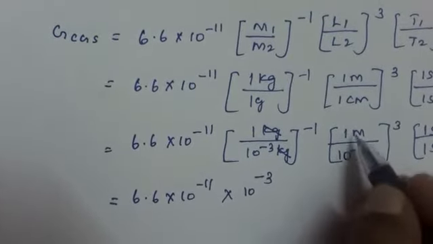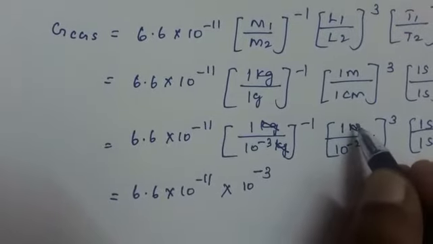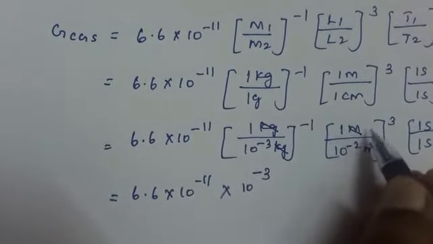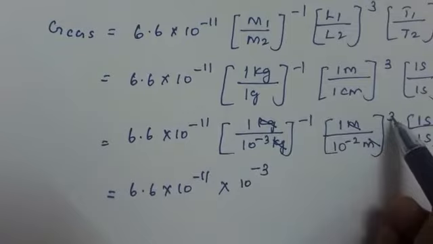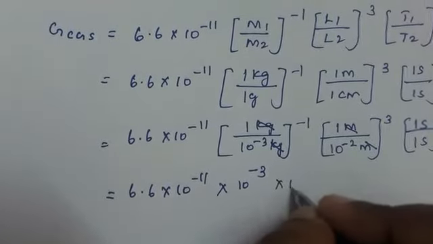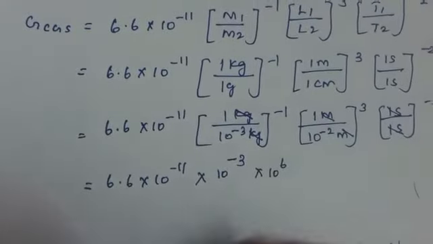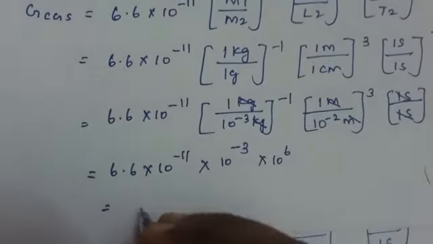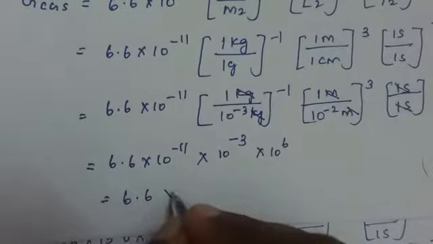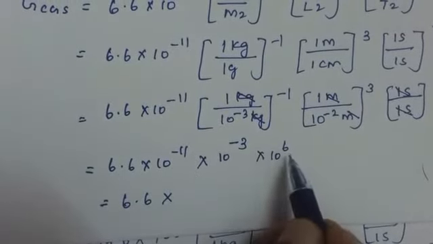Here meter and meter will get cancelled. 10 raised to minus 2 taking to the numerator, it will be 10 raised to 2. 10 raised to 2 into 3, 10 raised to 6. Here it is 1, 1. 1 raised to minus 2 is 1. So this can be written as 6.6 into 10 raised to, here it is minus 14 plus 6, that is minus 8.